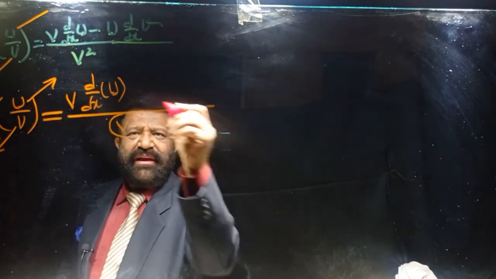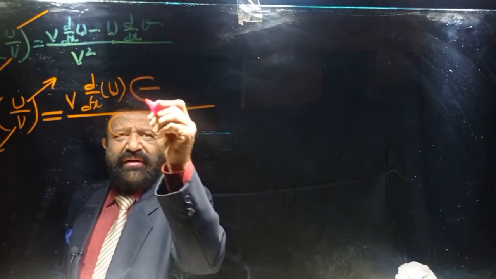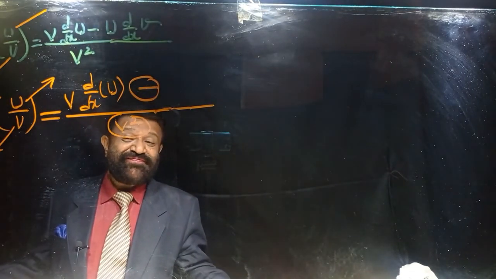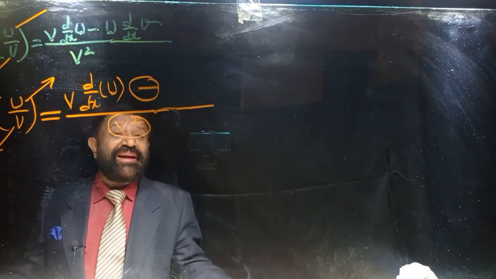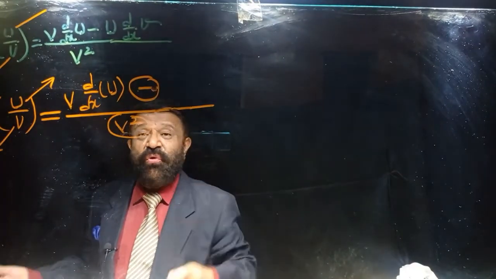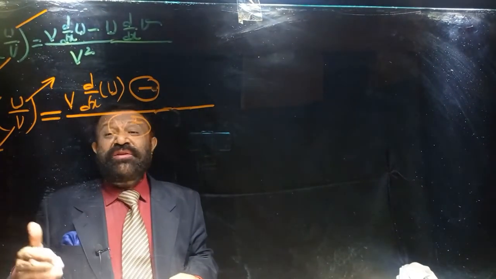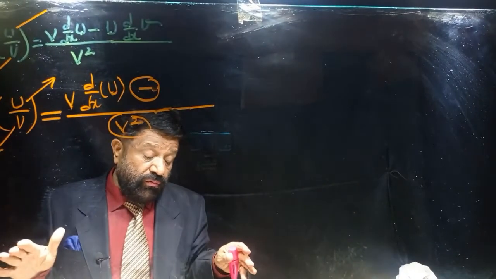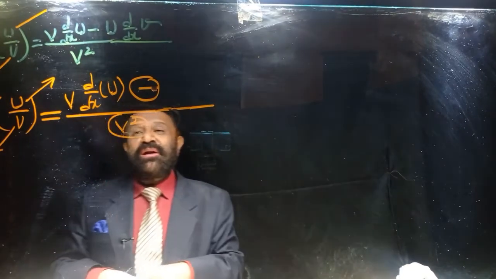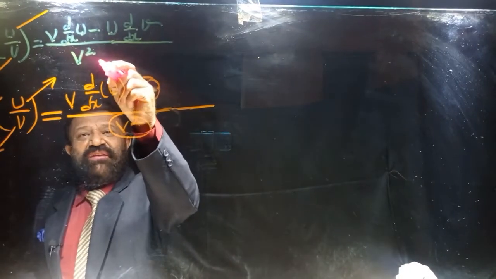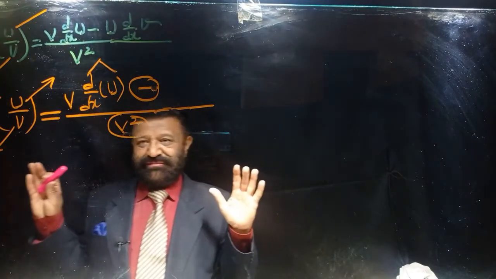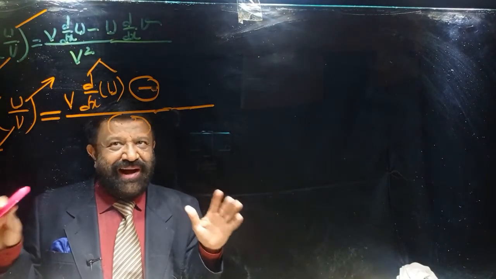Then there is a minus over here. This minus is mandatory. This is not your own choice, whether you place plus or minus. No, you will place minus over here. Now you have taken the derivative of u, so the term of u has gone.